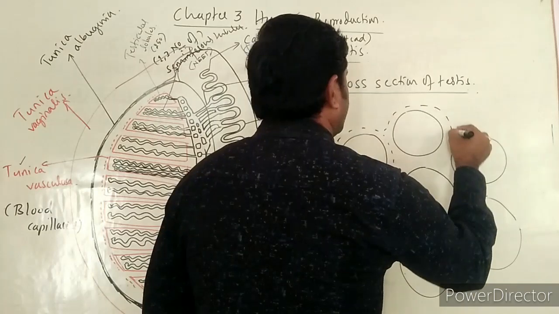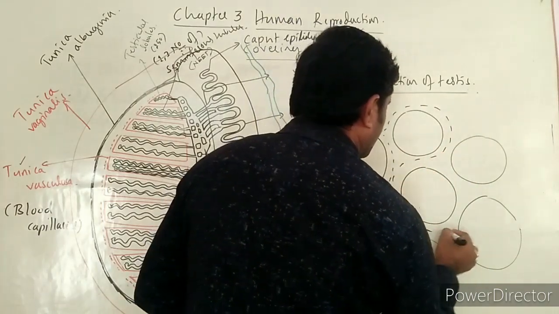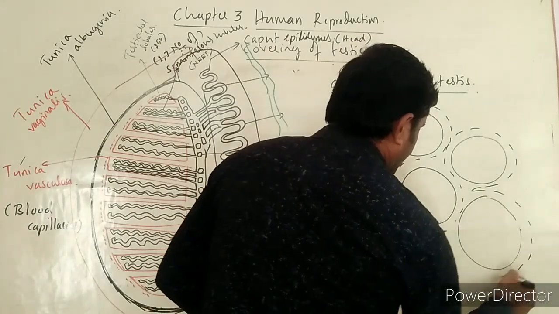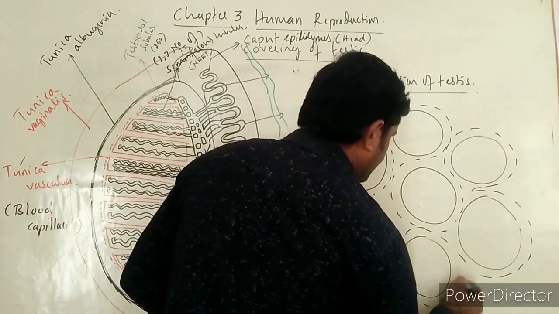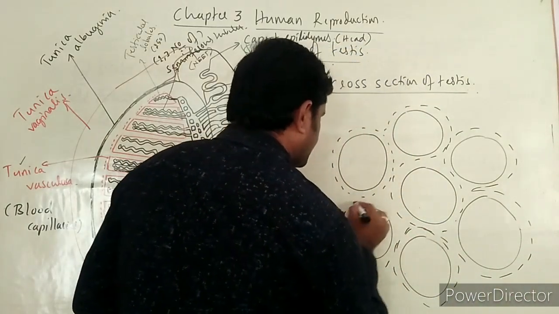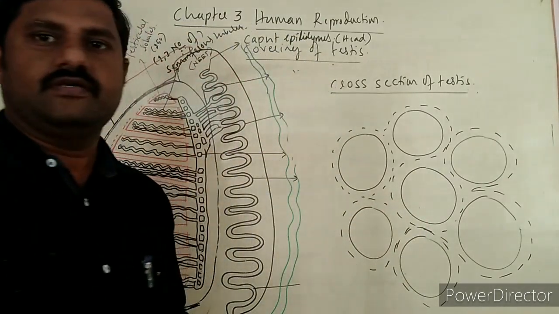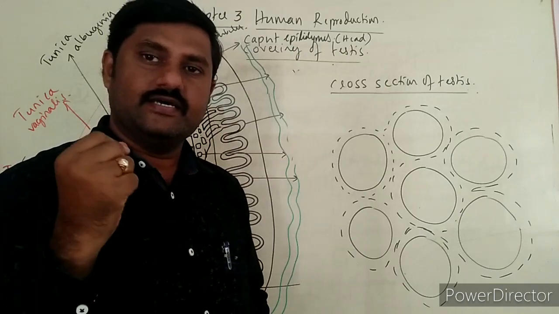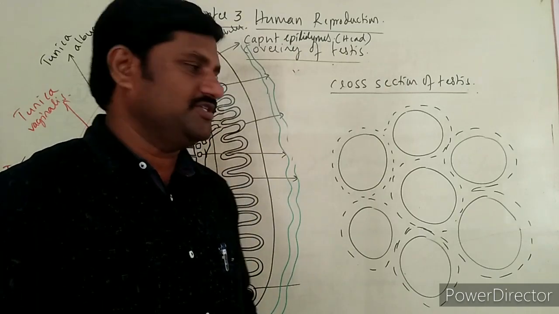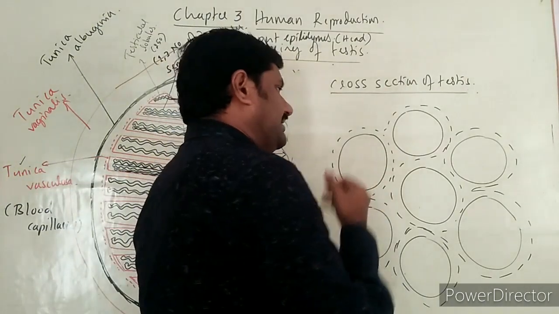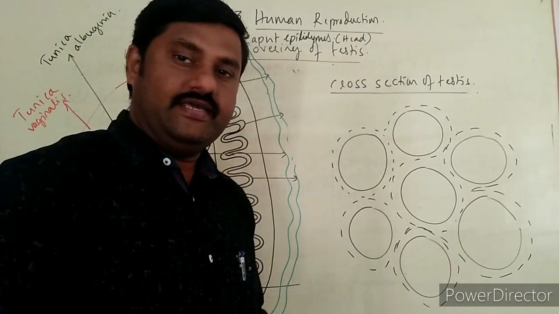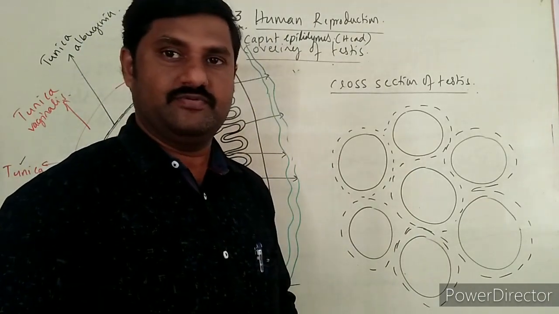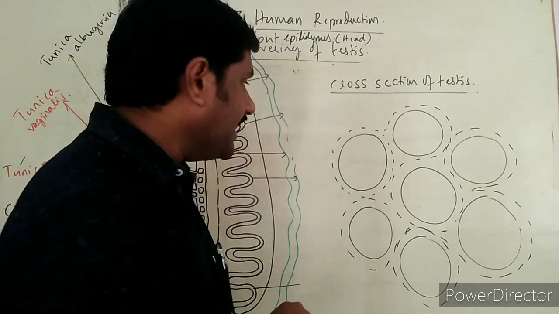The connective tissue which surrounds all these seminiferous tubules is called the interstitium, right?